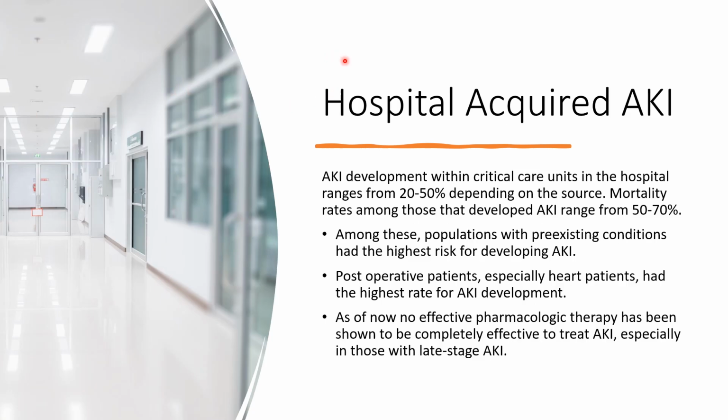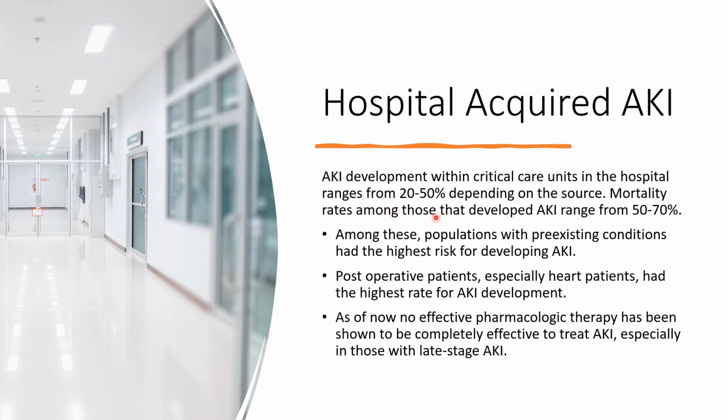Now we're going to look at hospital-acquired AKI. AKI development within the critical care units and hospitals ranges from 20 to 50%. This is depending on the source. Mortality rates among those that have developed AKI in the hospital range from 50 to 70%, and I saw some sources quoting as high as 80%.